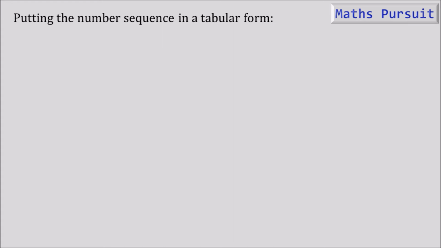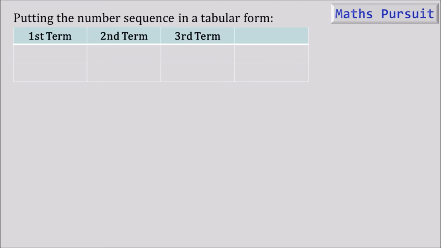Now I have created a 4 column table with 3 rows, because we have 4 given numbers here, so for that reason I am taking a 4 column table. Now naming the first term cell 1, second term cell 2, third term cell 3, fourth term cell 4. Now putting 0.2 under the first term, 0.22 under the second term, 0.222 under the third term, then 0.2222 under the fourth term.